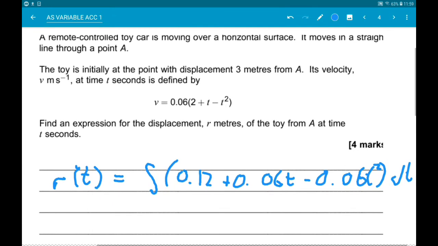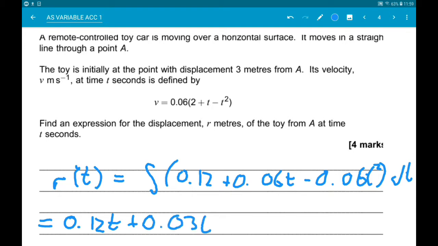Now, if we integrate that, we get 0.12 t add 0.03 t squared minus 0.02 t cubed. And then of course it's an indefinite integral, so plus c.